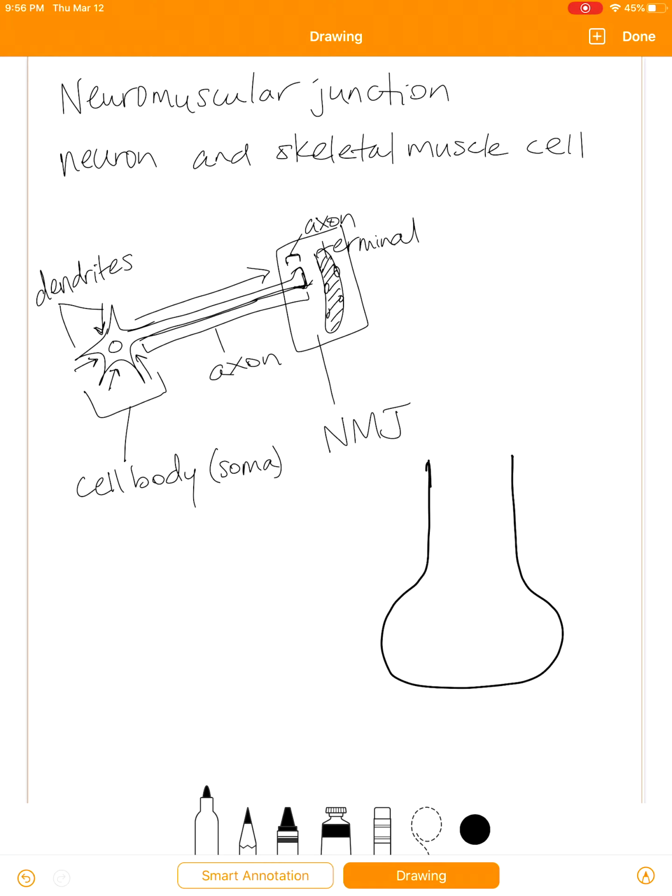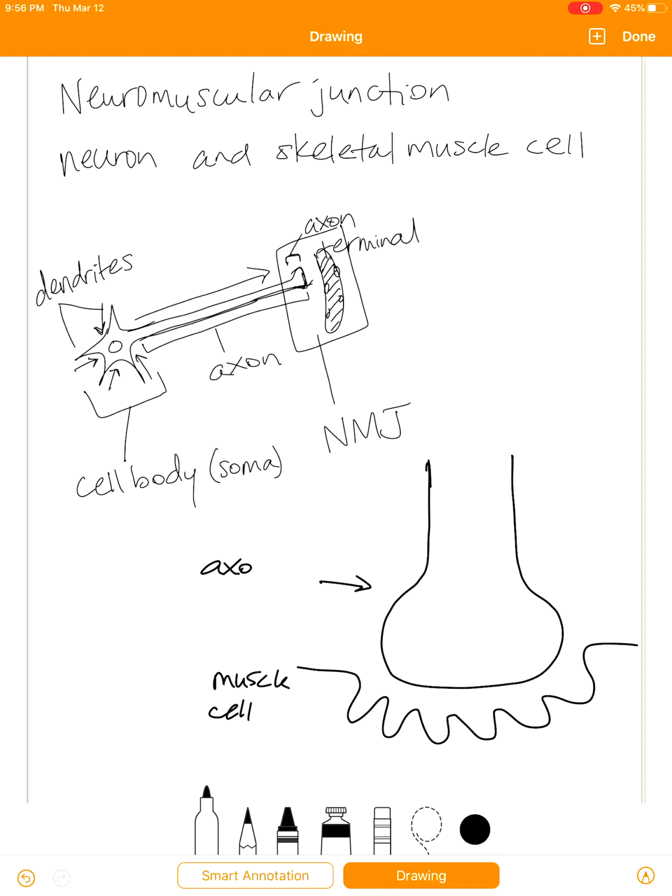Okay, so I just flipped it around just to make it a little bit easier to draw, so it's pointing down instead of side to side here. And then what I'm drawing on the bottom is going to be the sarcolemma of the skeletal muscle cell. Okay, so this is the muscle cell here. This is the axon terminal here.